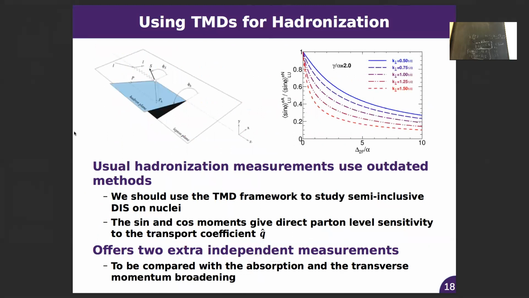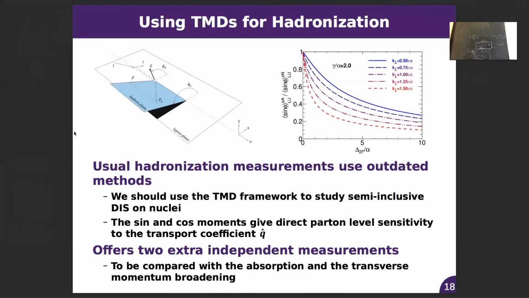So these are different angles you measure, but just to make it short, what happens is now if you measure the sine and the cosine moments of your semi-inclusive, you get two new measurements of your transport coefficient. And in the past, we already had two measurements, the absorption that Ivan talked plenty about yesterday. And one thing I pointed out at the end of his talk, he didn't compare his data to actual transverse momentum measurement, because that's actually a way to measure the transport coefficient.